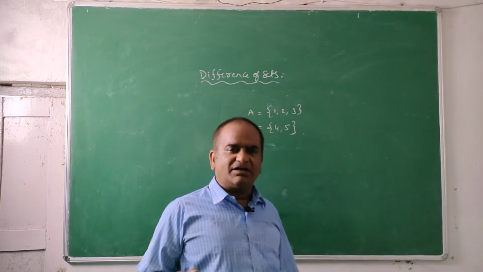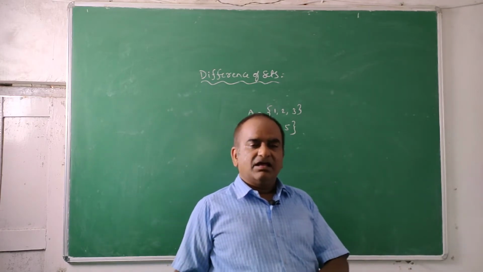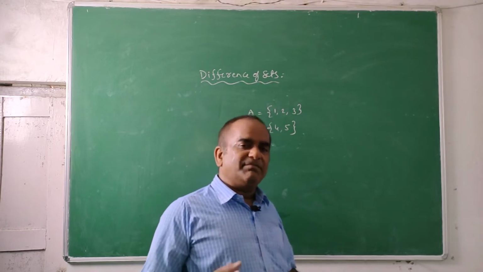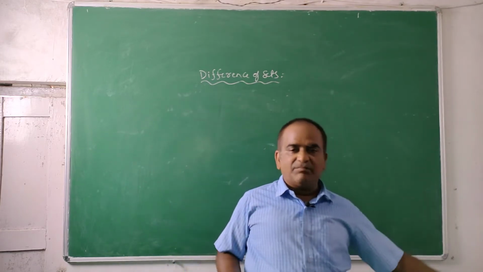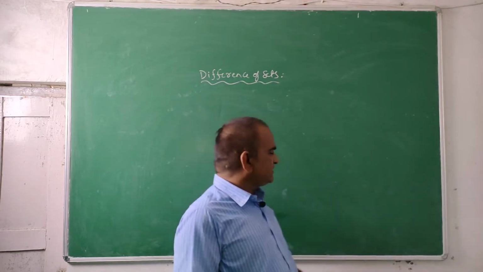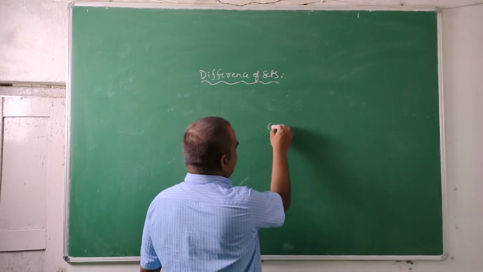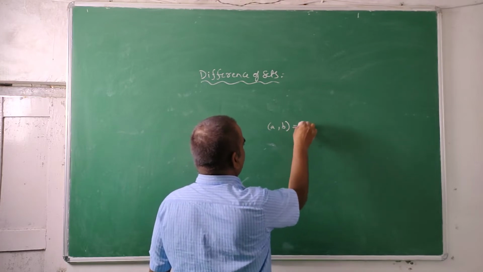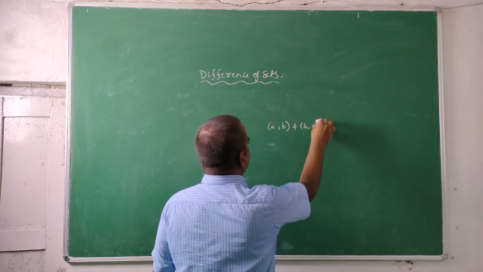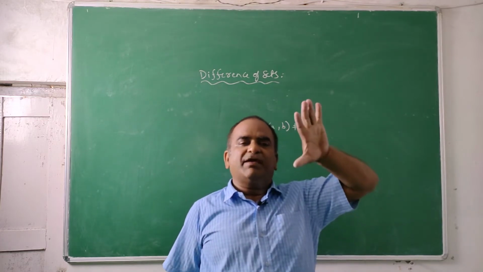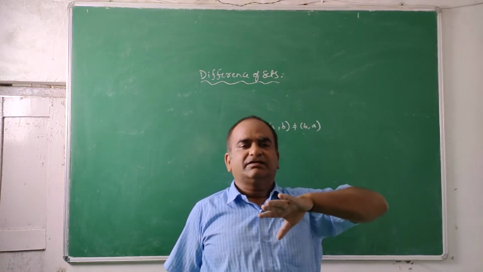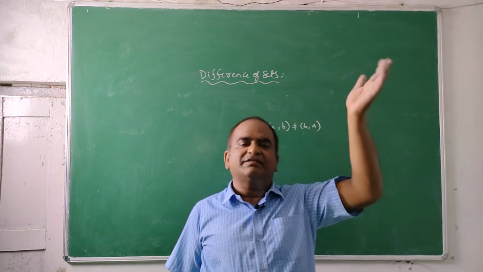I just defined what an ordered pair is. Now I am giving some important properties of ordered pairs. The most important thing is that ordered pair AB is different from ordered pair BA. Though both are ordered pairs, they are different because the order has been changed.